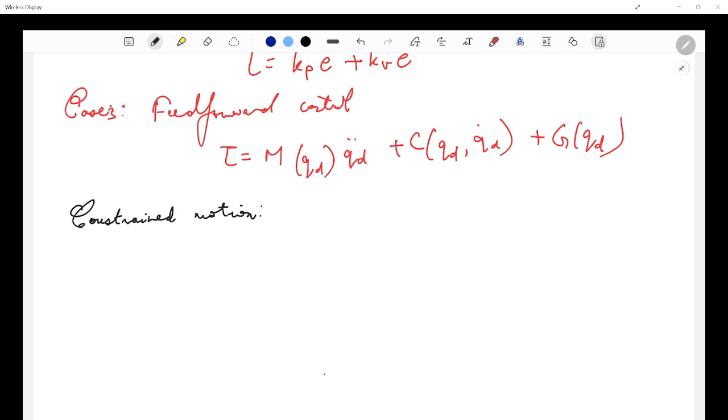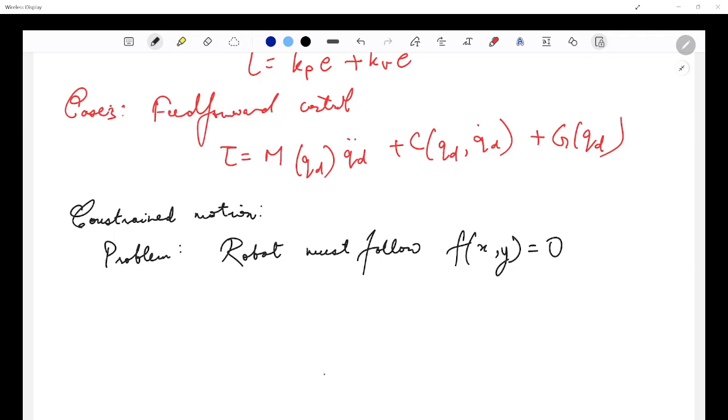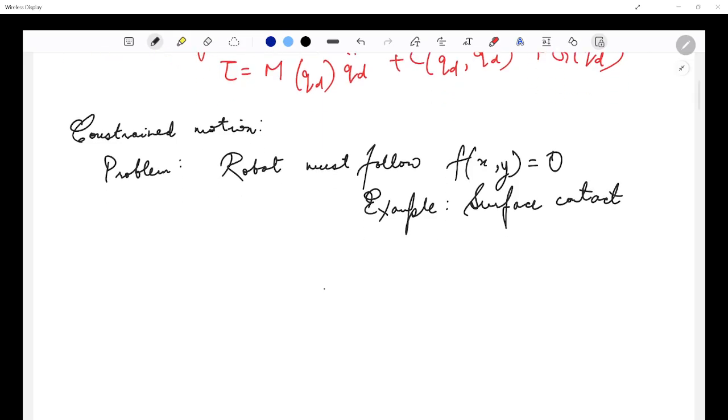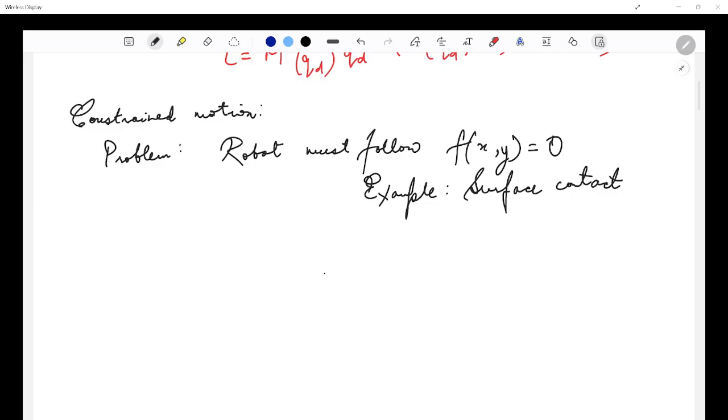If there is a problem that the robot must follow f(x, y) equal to 0, let's say we take the example of surface contact. You might have already seen that force and velocity cannot both be controlled in the same direction. Okay, but we'll come to that later.